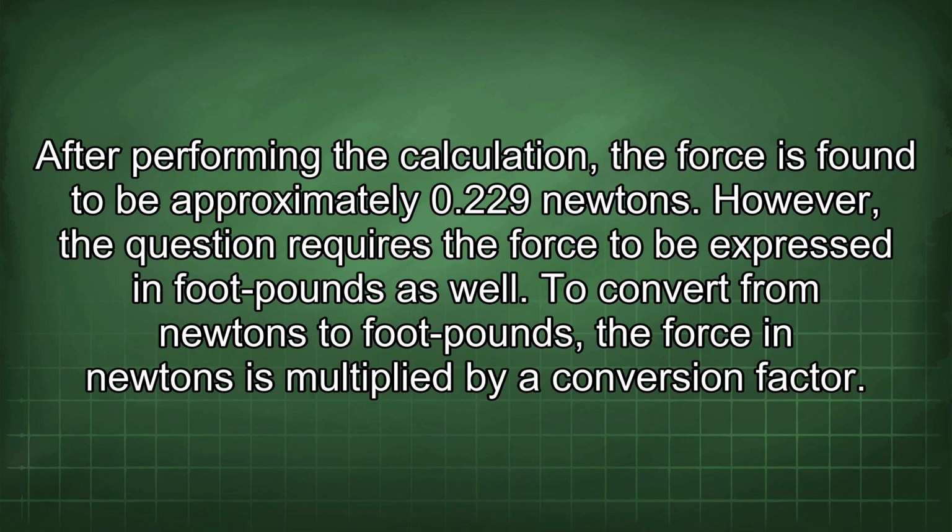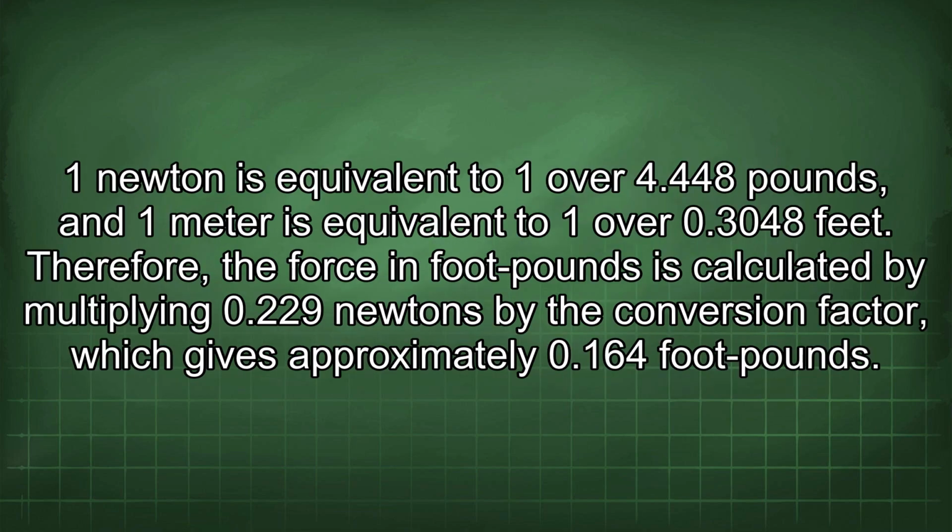To convert from newtons to foot-pounds, a force in newtons is multiplied by a conversion factor. 1 newton is equivalent to 1 over 4.448 pounds, and 1 meter is equivalent to 1 over 0.3048 feet. Therefore, the force in foot-pounds is calculated by multiplying 0.229 newtons by the conversion factor, which gives approximately 0.164 foot-pounds.